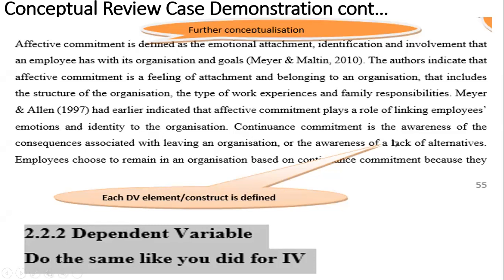And when you don't do this, you cannot have a meaningful or a valid or reliable instrument like a questionnaire or interview guide. So if you finish the section on your IV, you do the same for your DV.